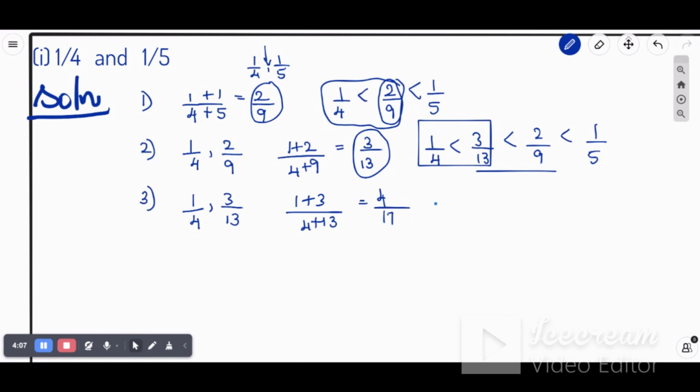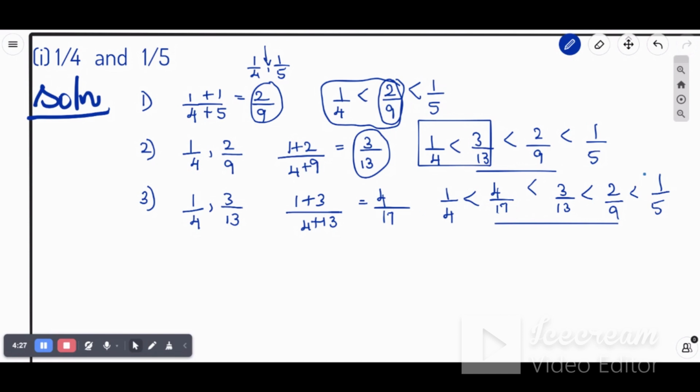So 1 by 4 is the given number, which is less than 4 by 17, which is less than 3 by 13, which is less than 2 by 9, which is less than 1 by 5. Since we have found 3, we have to find 2 more.